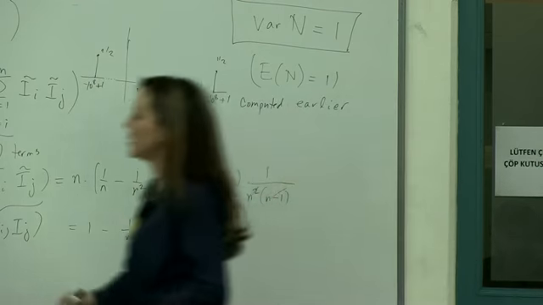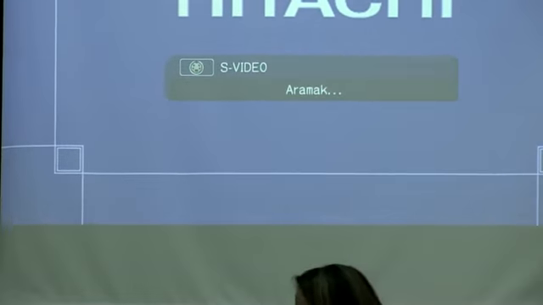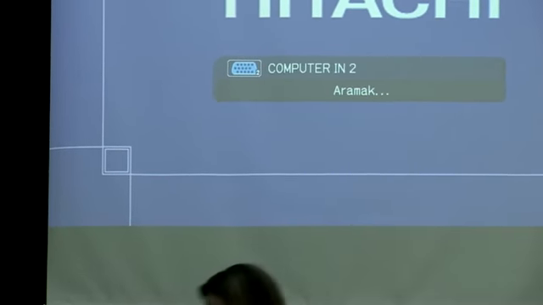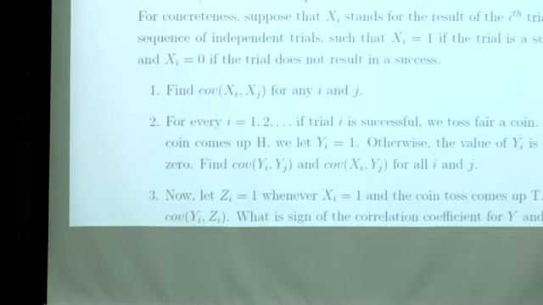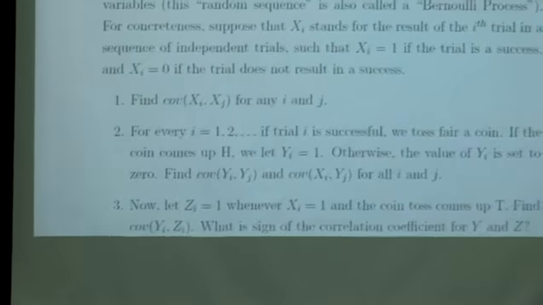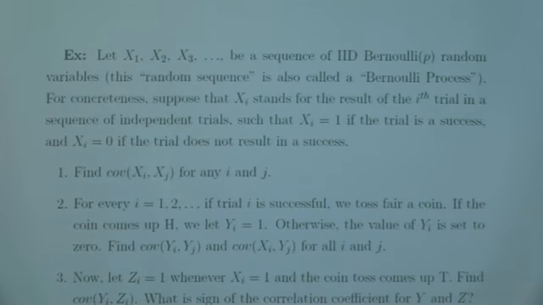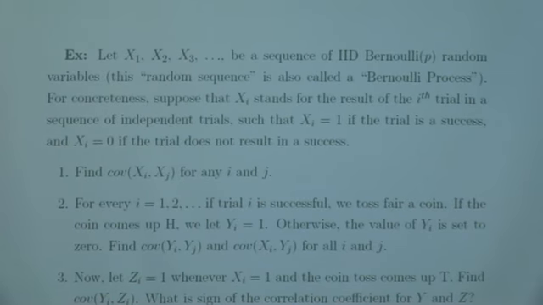So anyway, let's do the other example, which is very similar, except it talks about, this time, independent Bernoulli random variables. Let's wake up our computer. Okay. So here is the problem. Let x1, x2, x3, and so on be a sequence of IID Bernoulli P random variables. This random sequence is also called a Bernoulli process.